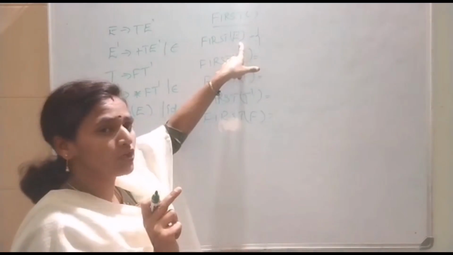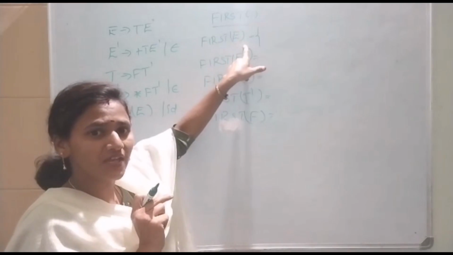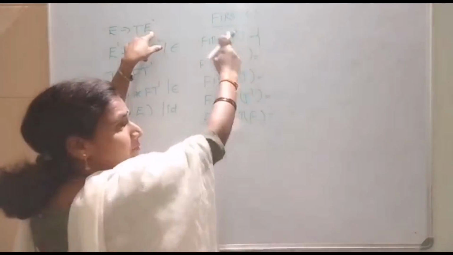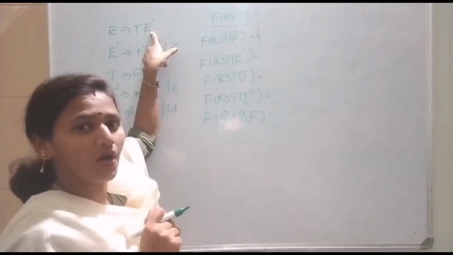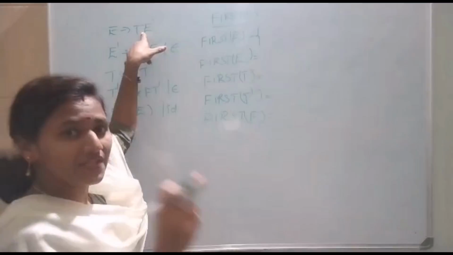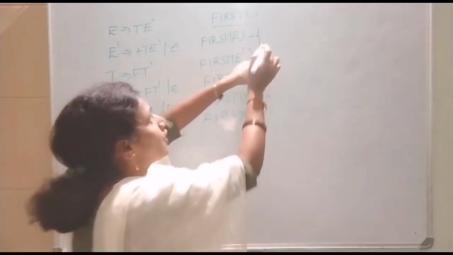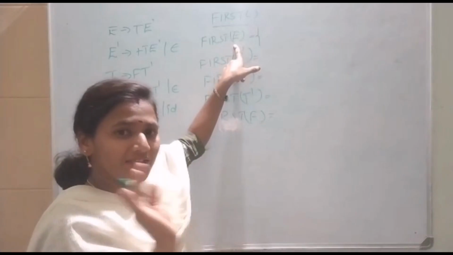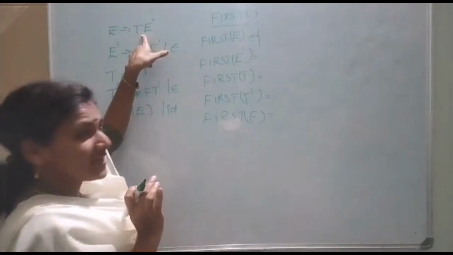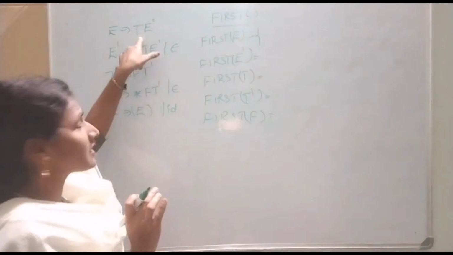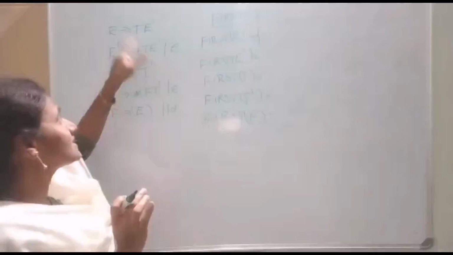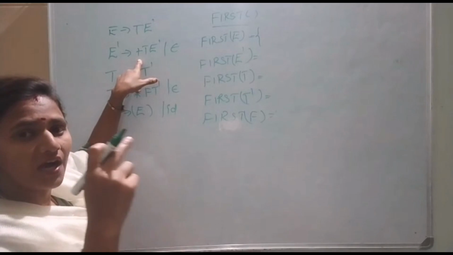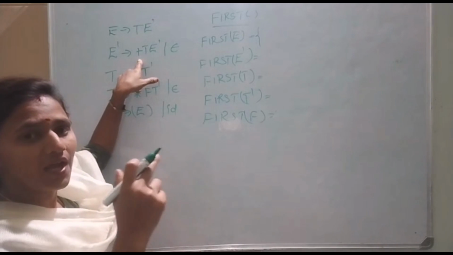So for E we are going to compute the first function. You have to check whether the RHS of that particular non-terminal starts with a terminal or not. If it starts with a terminal, directly you consider that terminal for first of E. Otherwise, if it is a non-terminal, you replace it by its corresponding productions until the RHS starts with a terminal.